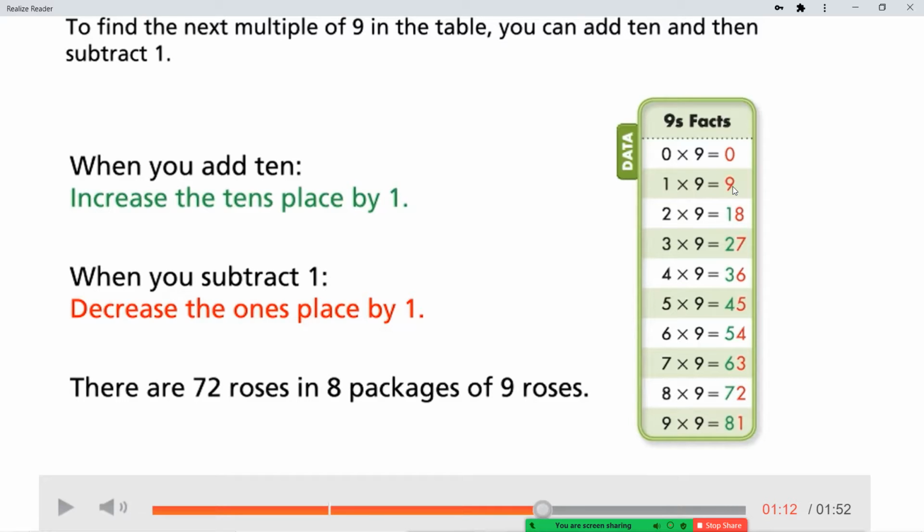Now since 1 times 9 is 9, we're going to count down from 9, and then we're going to count up from what would be in the tens place value for 1 times 9, which is a 0, because there's nothing in the tens place. So their strategy is to add a group of 10 to each number and then subtract 1 from the ones place.